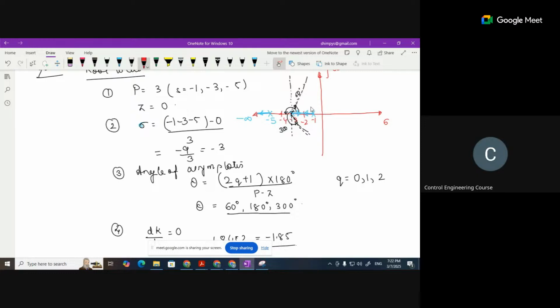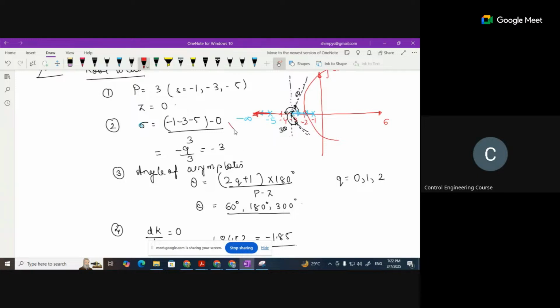So the root locus will be in the same direction as this, branching away in the direction of 60 degree, in the direction of 300 degrees, like this, and 180 degree for this. Is it clear now?